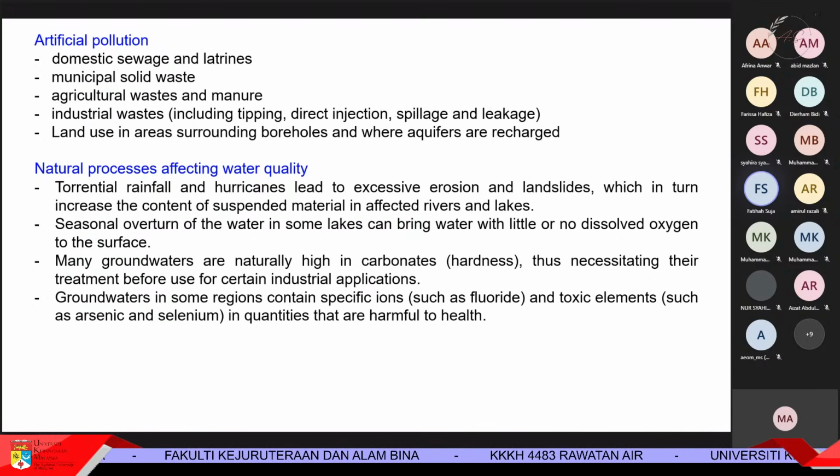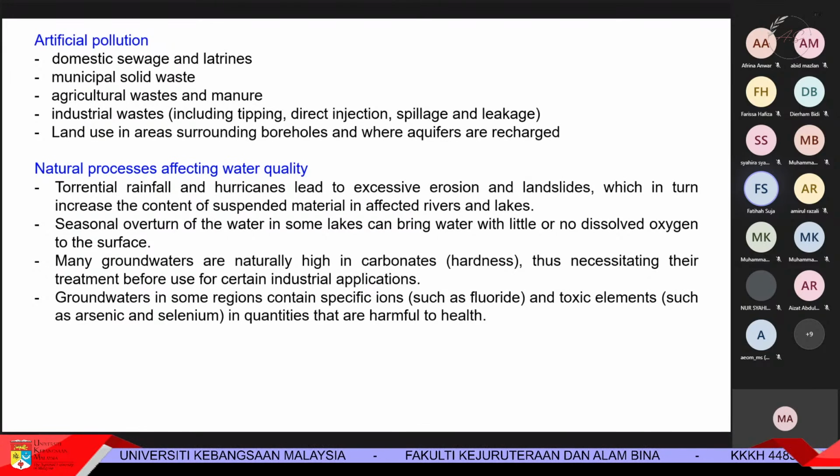Then dense compounds like chlorinated solvents. Let's say sometimes industries just dump these chlorinated solvents. They are very dense compounds, so they will move vertically downwards and accumulate at the bottom of your aquifer.